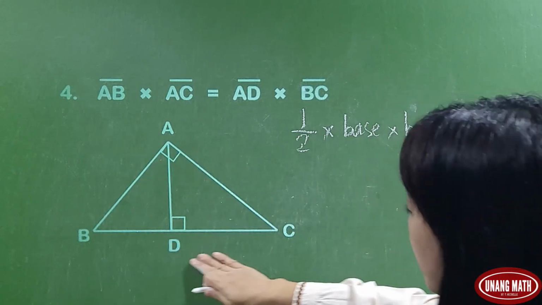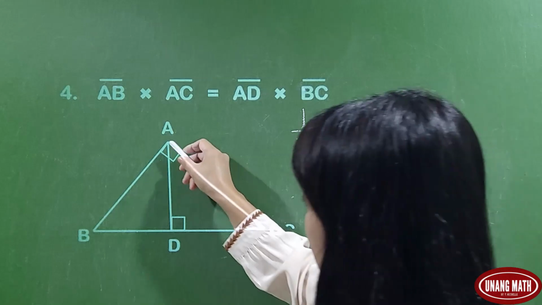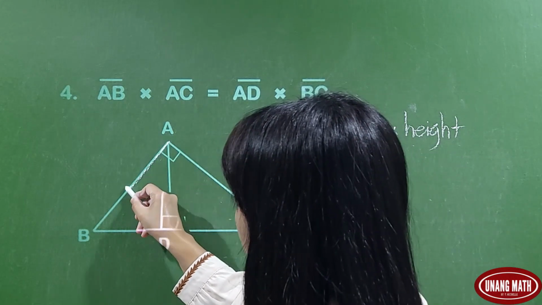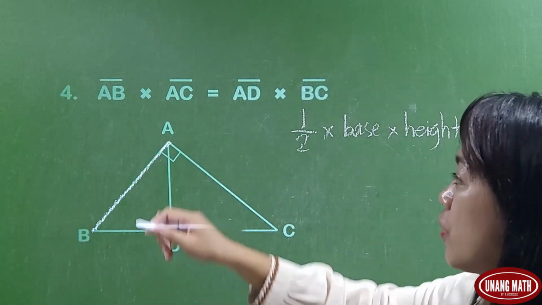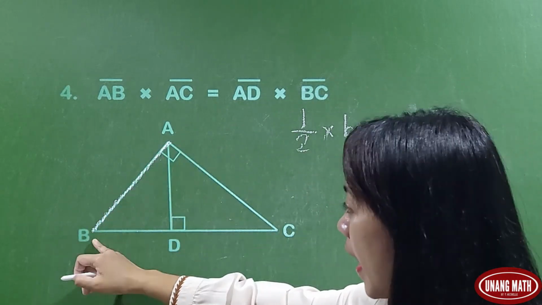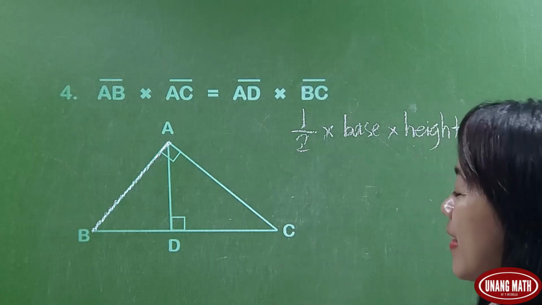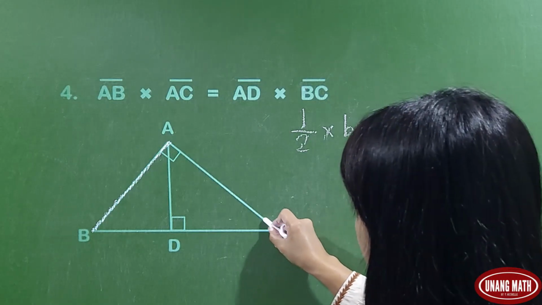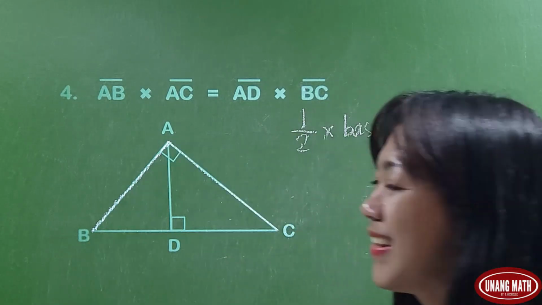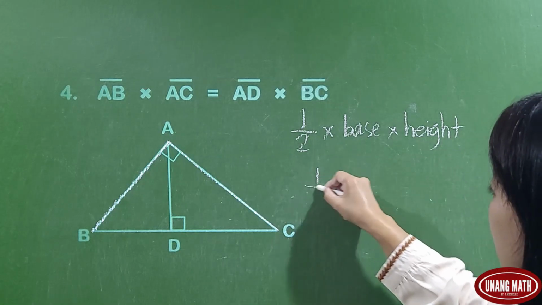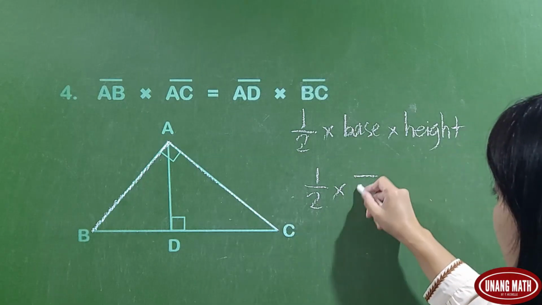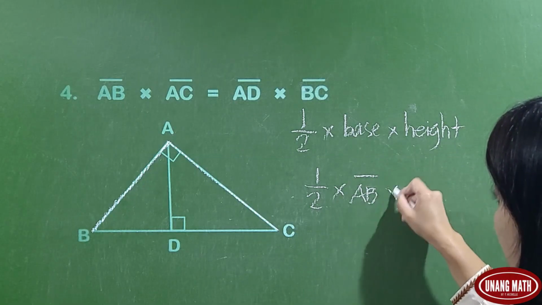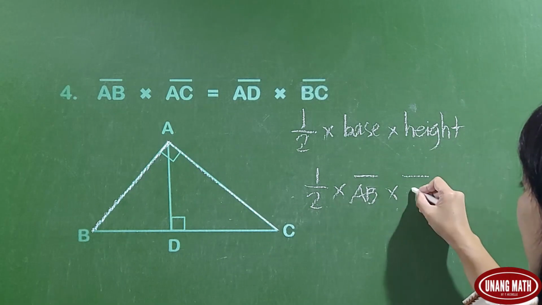In here, let's consider this side as our base. So if our base is AB, then our height is AC. So we have here 1/2 times segment AB times segment CA.